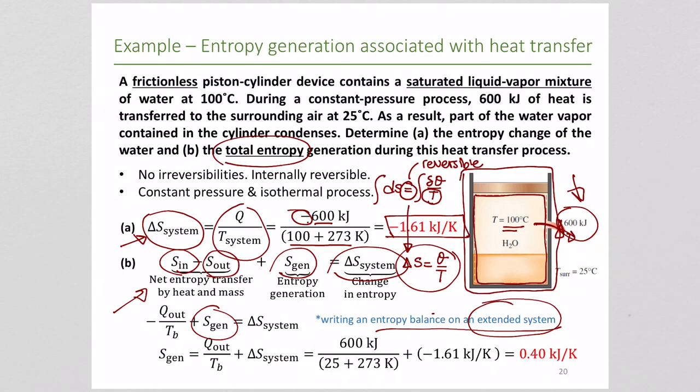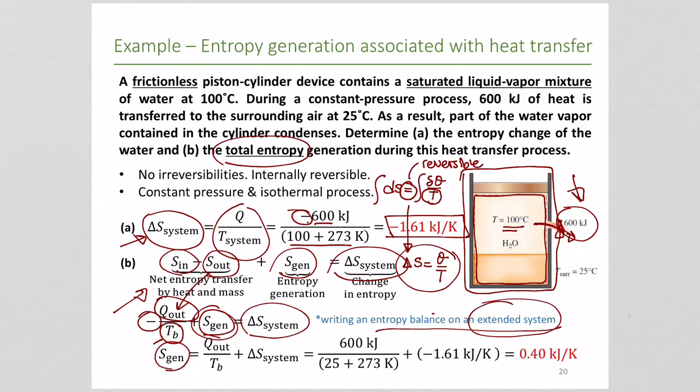So this term is minus Q out over T_B, the temperature of the boundary, and the Q out doesn't have a sign convention, it just has the subscript saying it's getting out, so you don't need to use minus 600, 600 is enough. It is the correct case here. So plus the entropy generation should be equal to the change of the entropy of the system.